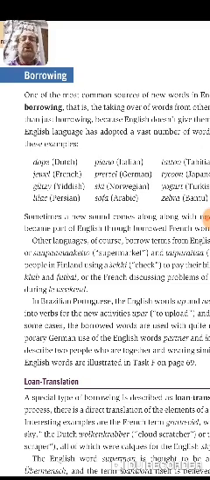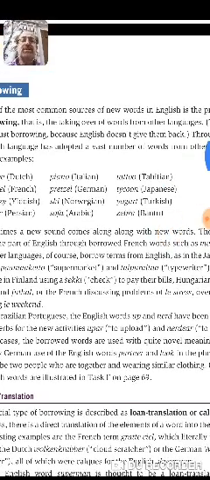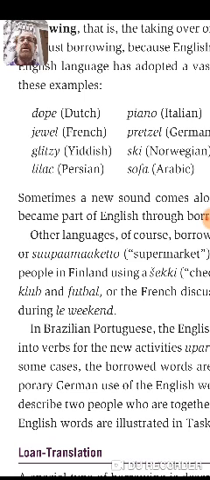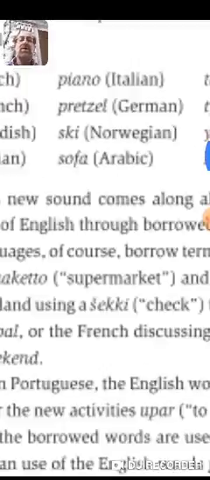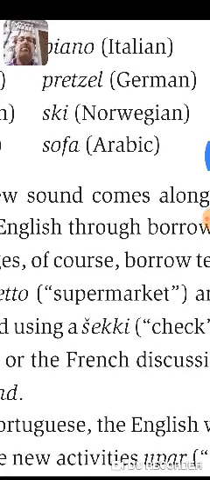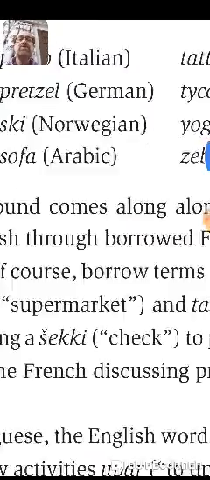Well, let us see. In this part, you actually see that there's a list of words from different languages into the vocabulary of English. The first one is dope, Dutch. The second one from French, jewel. The third one from Yiddish. The fourth one from Persian. And look at this. The word sofa comes from Arabic.